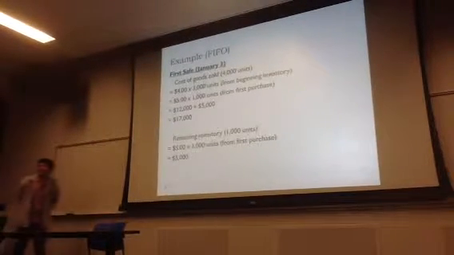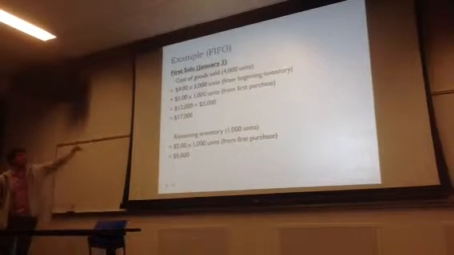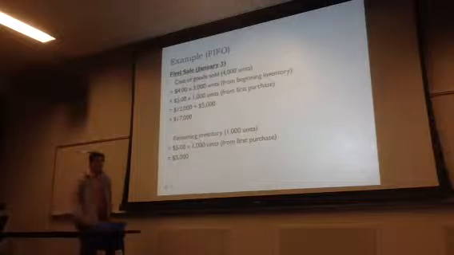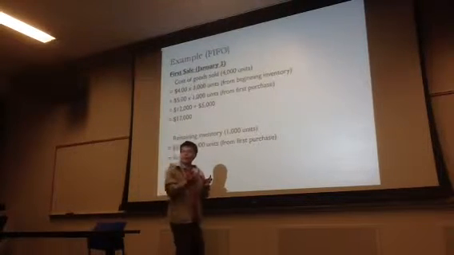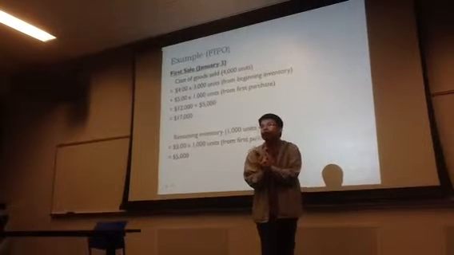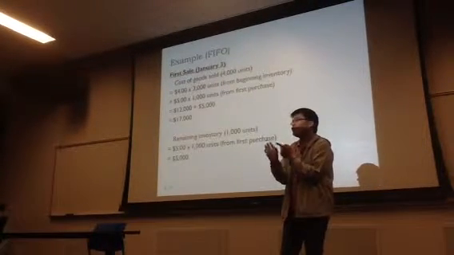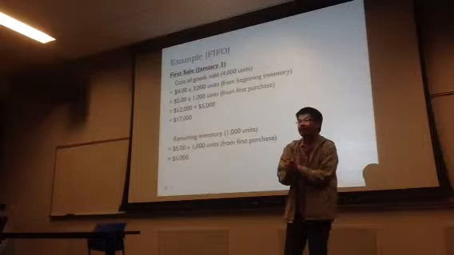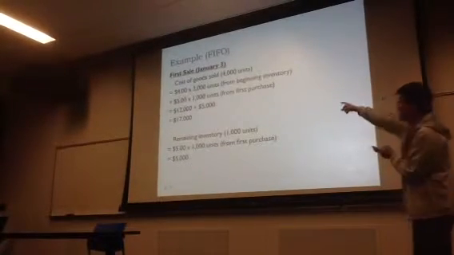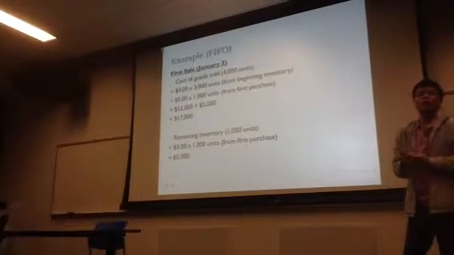Okay, so let's take a look at first in, first out first. FIFO, first in, first out. Remember here we are focusing on the cost of goods sold and the ending inventory. So when do we recognize cost of goods sold? Whenever we make a sale. So that's why our first focus will be on our first sale, which is on January the 3rd.